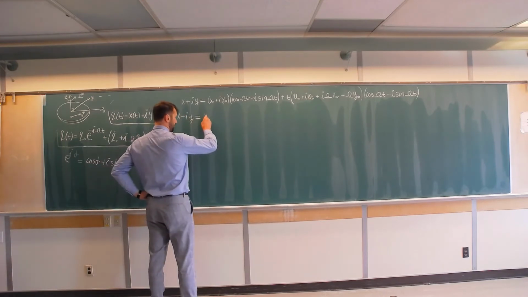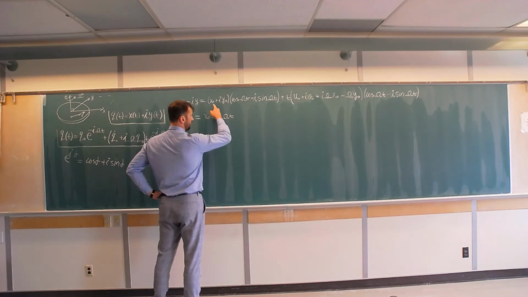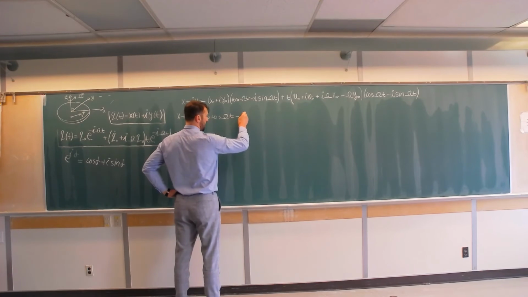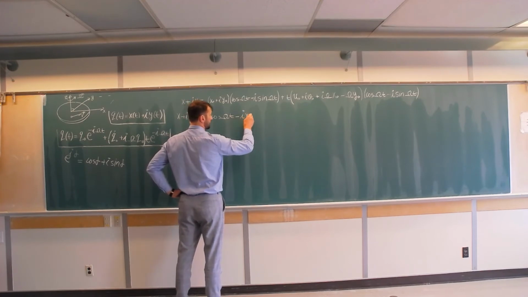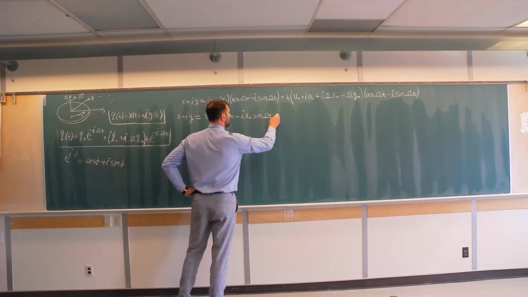That would be x0 cosine omega t minus i x0 sine omega t.